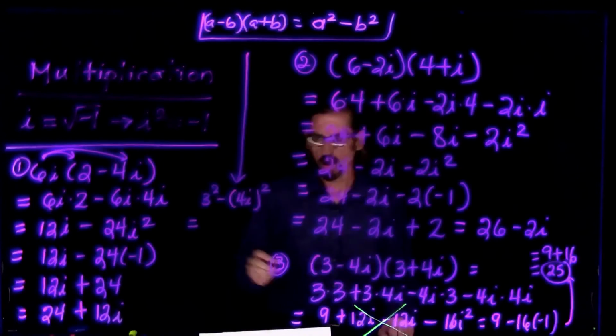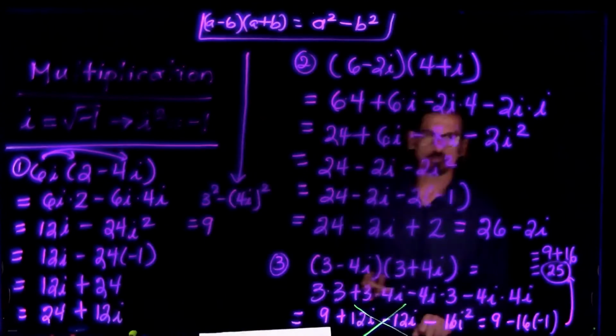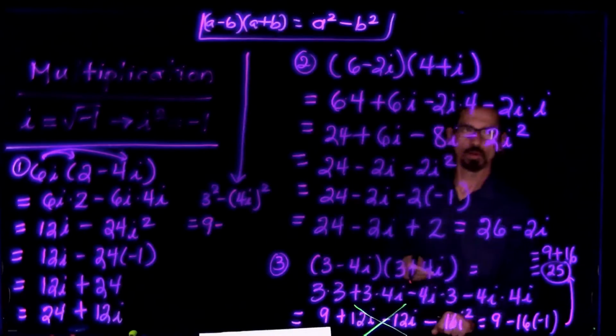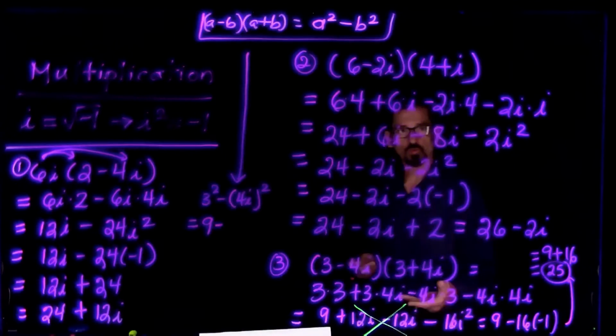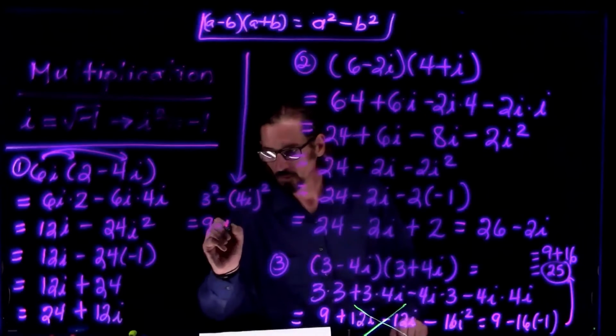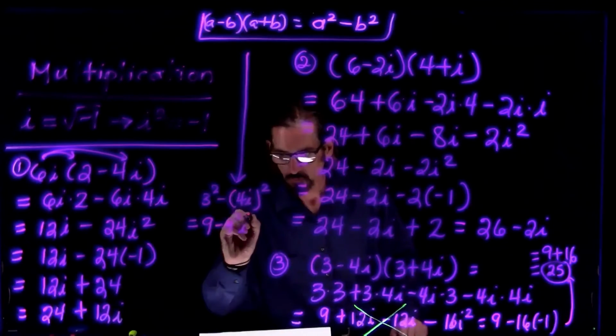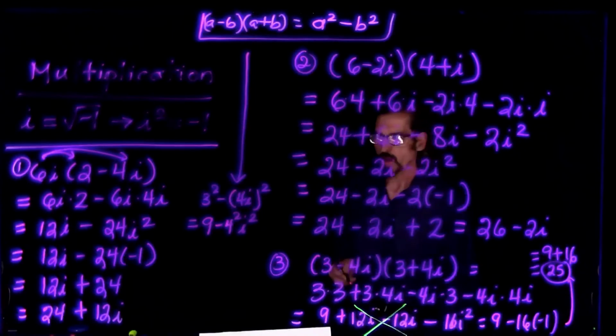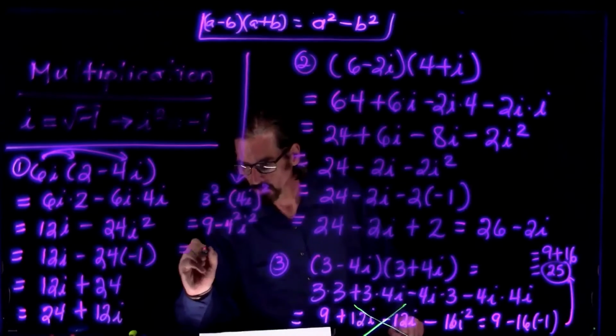3 squared is 9, minus, and I'm going to apply one of our power rules that we have for real numbers that will apply here as well. I'm squaring the two factors of both the 4 and the i.